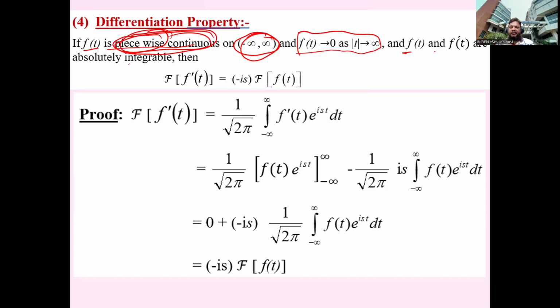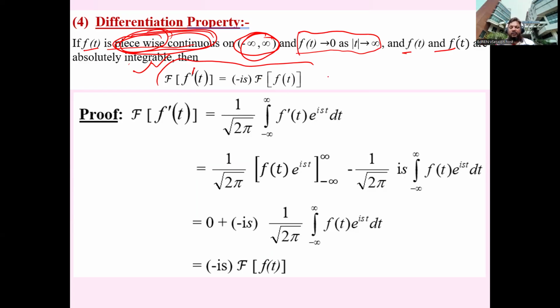And f(t) and f prime t are absolutely integrable. Without being absolutely integrable, we cannot find the Fourier transform. And then we have to show that the Fourier transform of the first derivative can be written as minus i s times the Fourier transform of f(t).